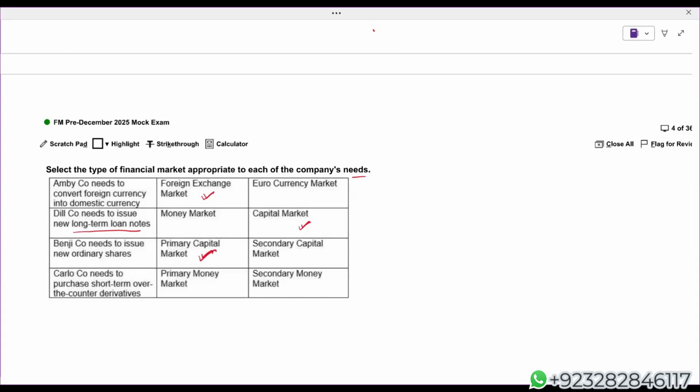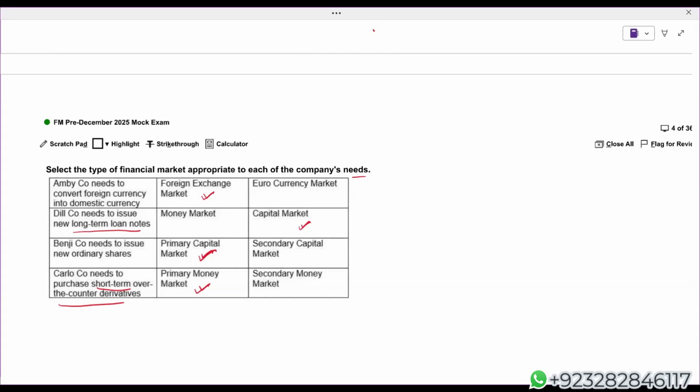Carlo company needs to purchase short-term over-the-counter derivatives. We have the secondary market and the primary money market. The primary money market deals with short-term financial instruments. If Carlo is going to purchase, it will be a new instrument for them, a short-term OTC derivative.